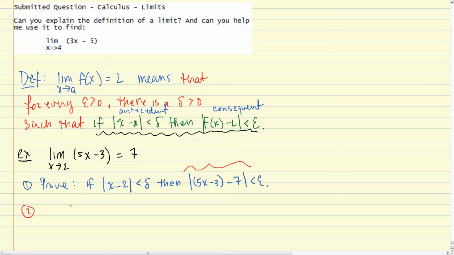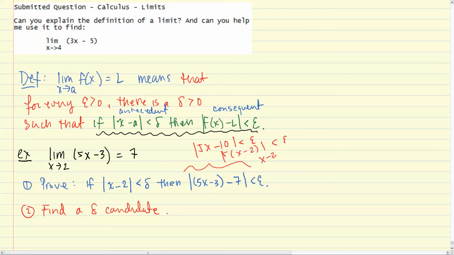So let's see. That would be the absolute value of 5x minus 10 is less than epsilon. 5 times the absolute value of x minus 2 is less than epsilon.